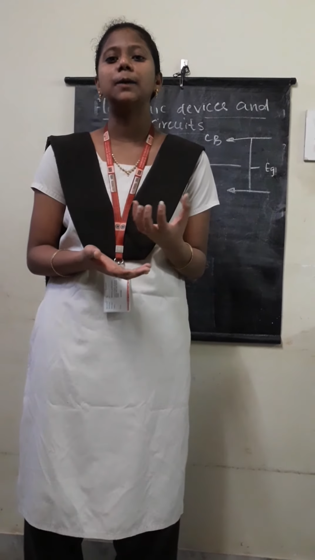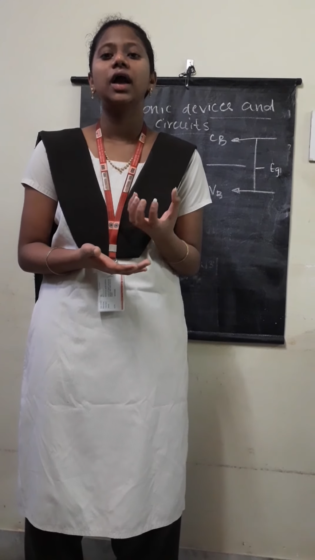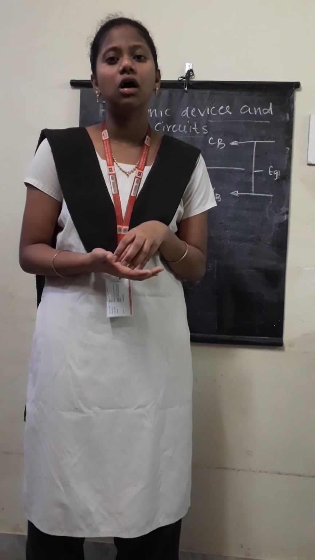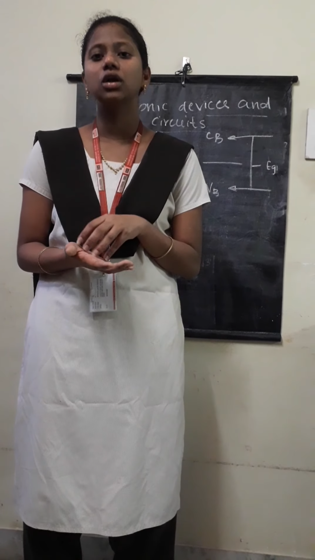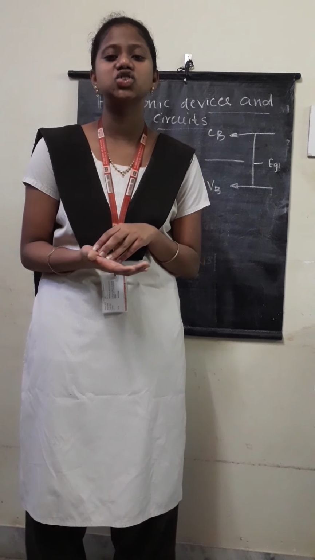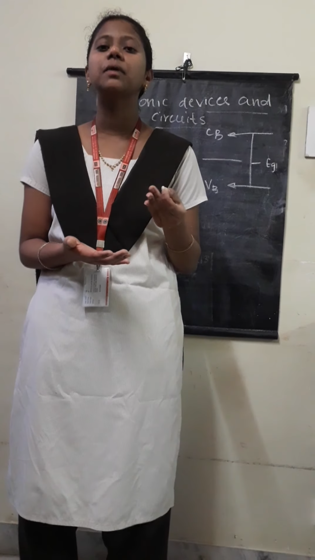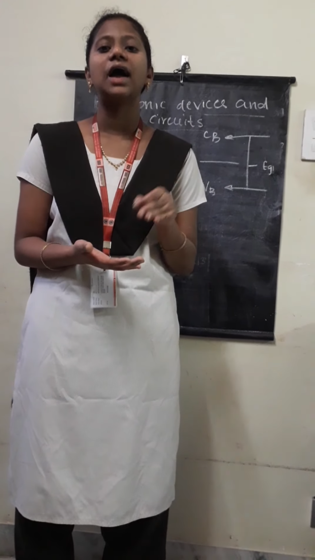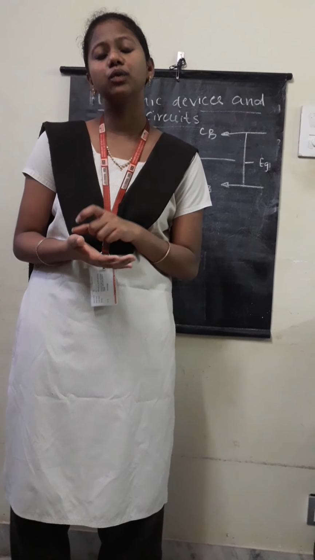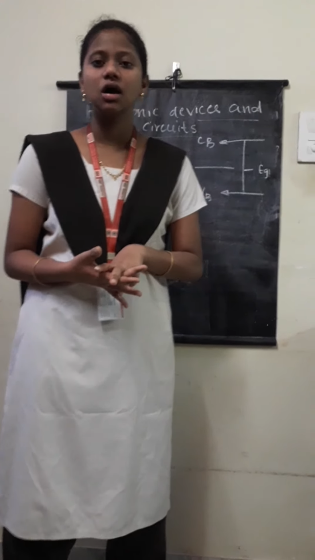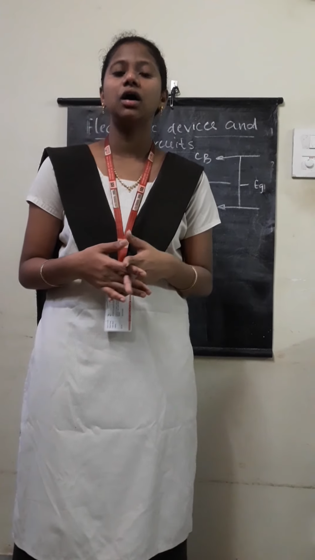By adding 10 power minus 8 percent of one impurity atom to germanium, the conductivity increases by a factor of 10. We can add two types of impurities: n-type, which is pentavalent, and p-type, which is trivalent impurity.